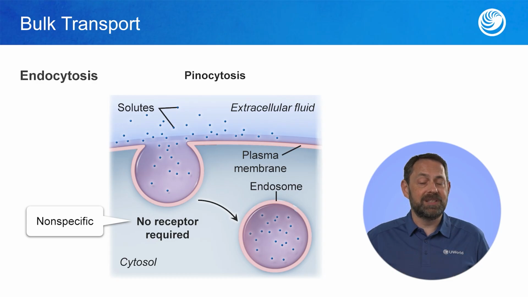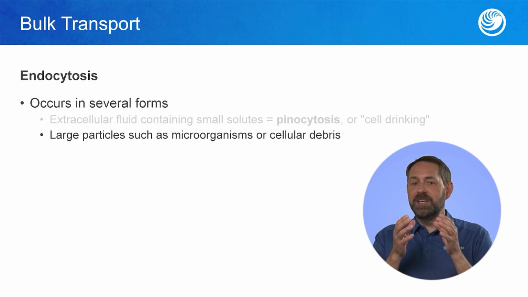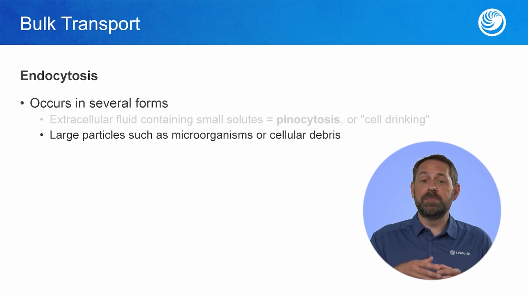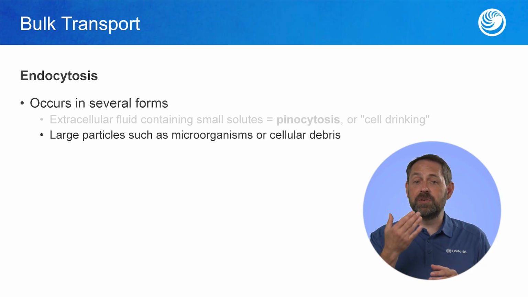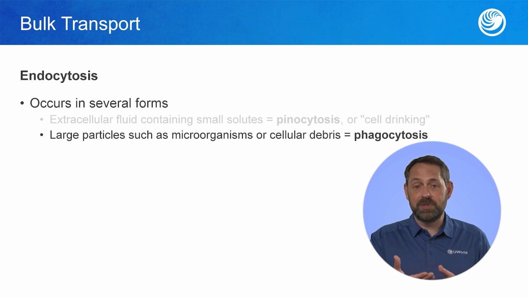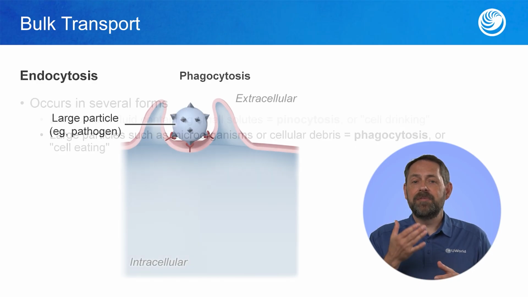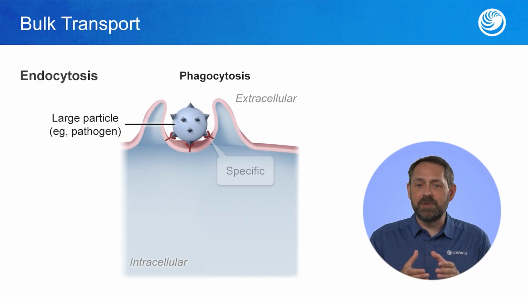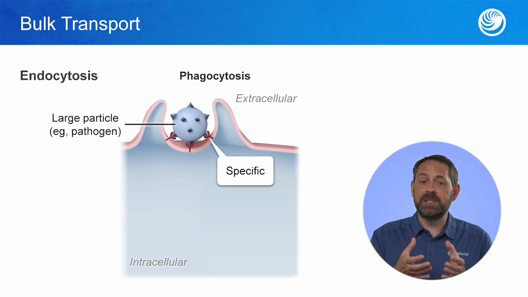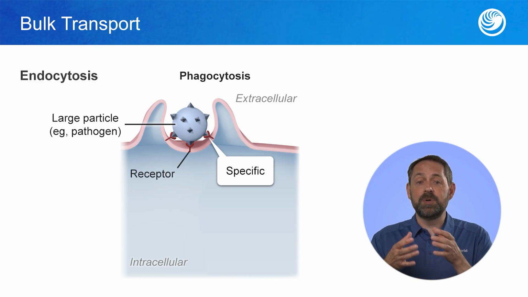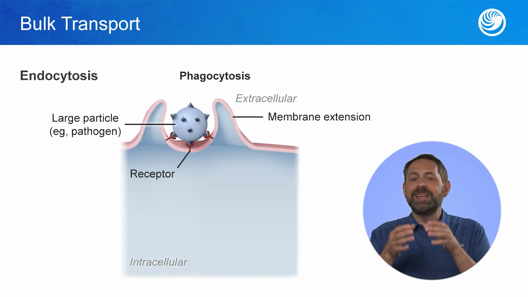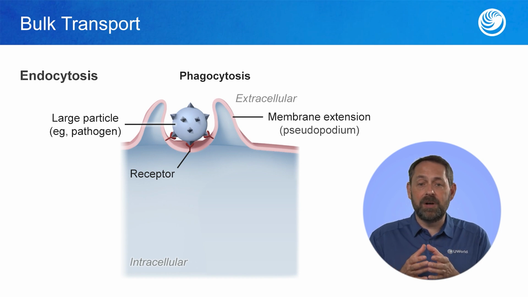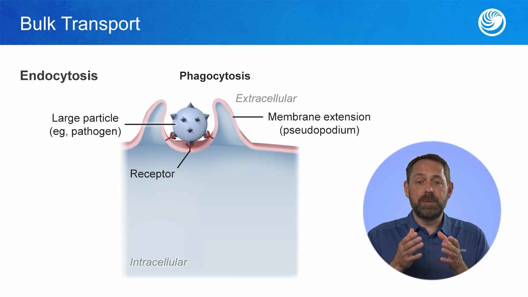In contrast, the uptake of very large particles, such as microorganisms or cellular debris, is called phagocytosis, or cell eating. Phagocytosis of large particles is generally a specific process, as it usually requires receptor binding, followed by extensions of the plasma membrane called pseudopodia that surround the particle.